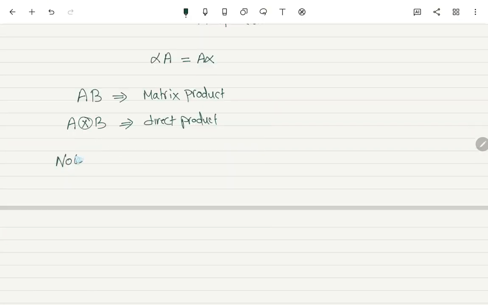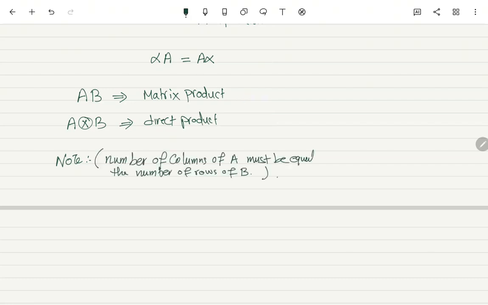Note here that the matrix product is defined for conformable matrices, which means that the number of columns of A has to be equal to the number of rows of B. The number of columns of A must be equal to the number of rows of B. Let's have an example.